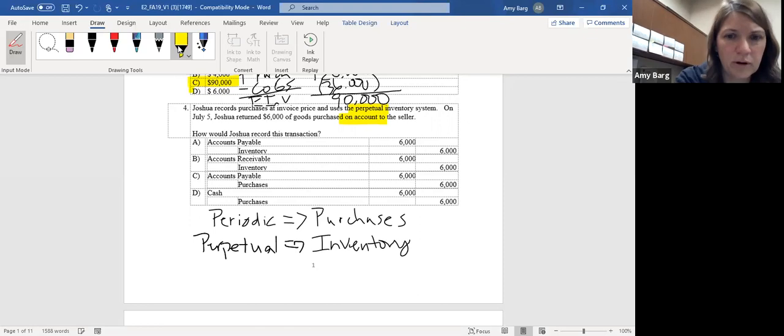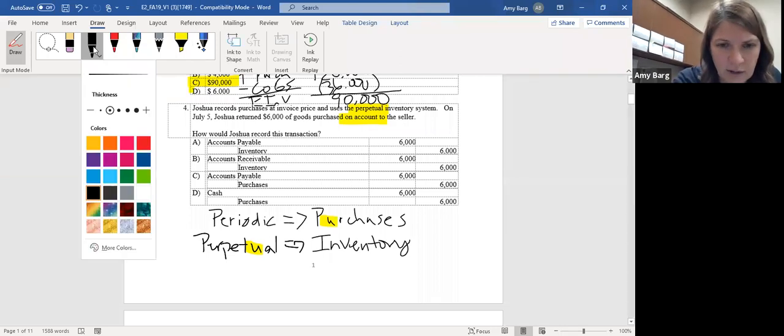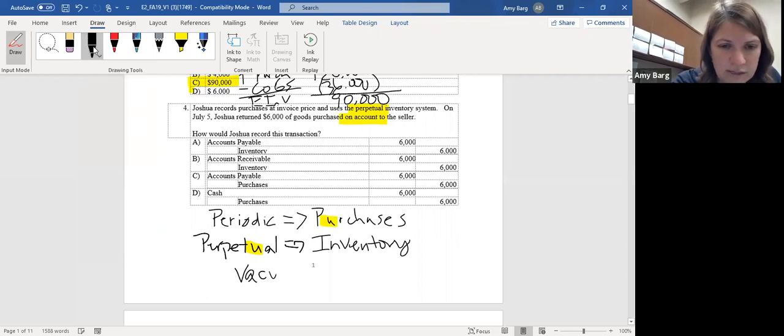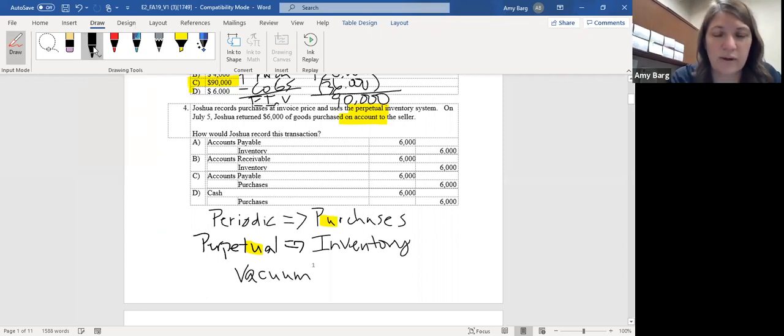The word purchases has a U in it, and the word perpetual has a U in it. And you have to keep those two U's apart. I like to think about vacuum cleaners. I hate to vacuum, and I also hate the way that this word is spelled. Why are there two U's in it? That's just ridiculous. Keep the U's away from each other. Periodic, you record purchases. Perpetual, you record inventory.